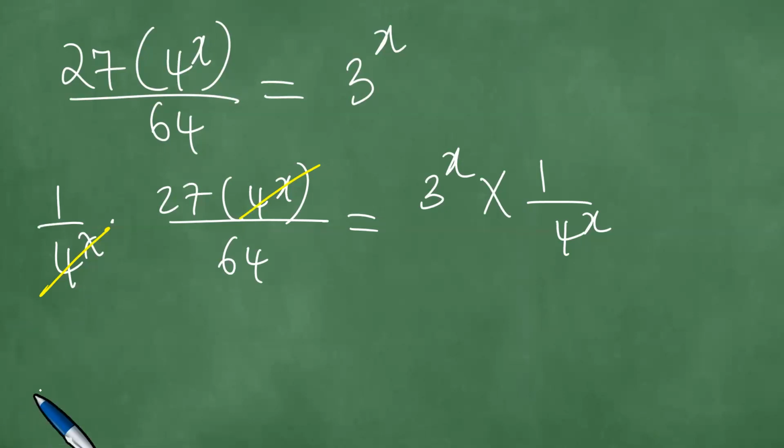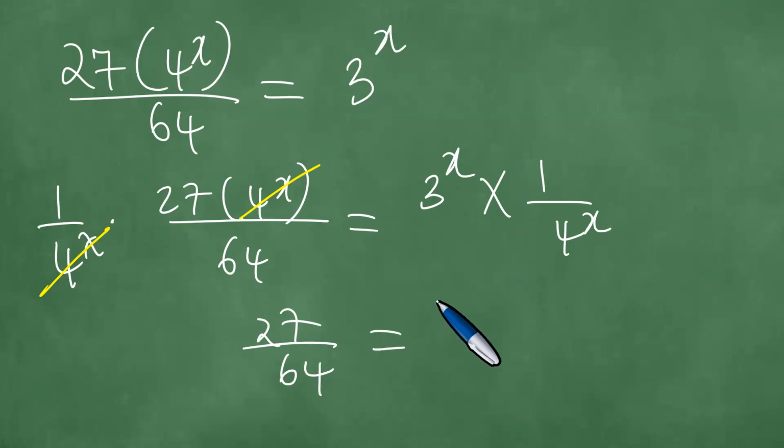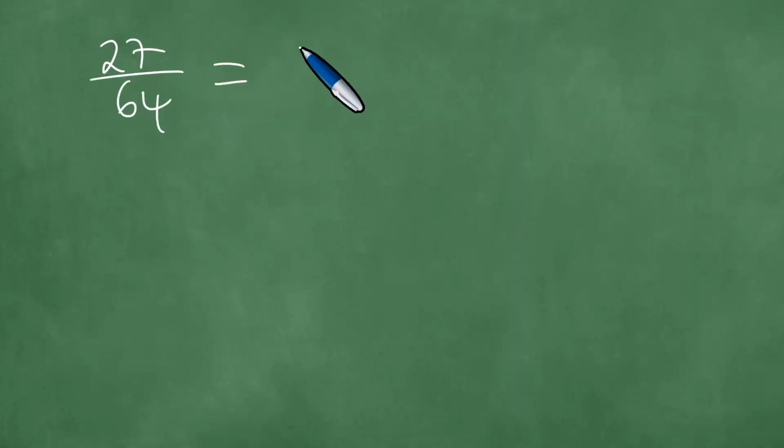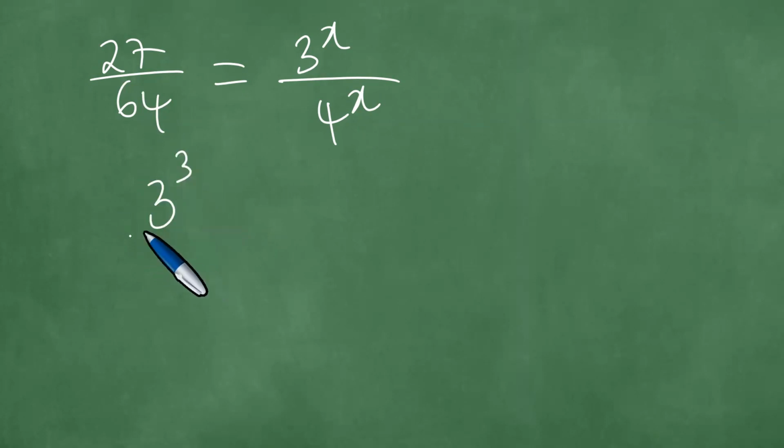So that in the end, what you're doing is 27 over 64, which equals 3 to the power x over 4 to the power x. 27 is the same as 3 to the power 3. 64 is the same as 4 cubed.